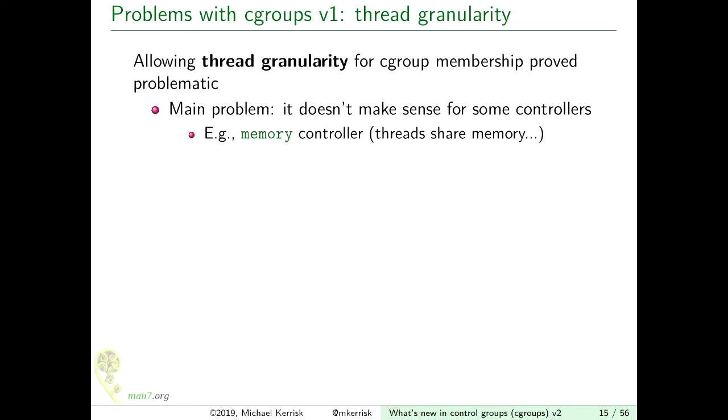The memory controller is the most outstanding example. It doesn't make sense to put different threads of the same process in different memory Cgroups because threads share an address space. How could the threads possibly be subject to different memory controls?